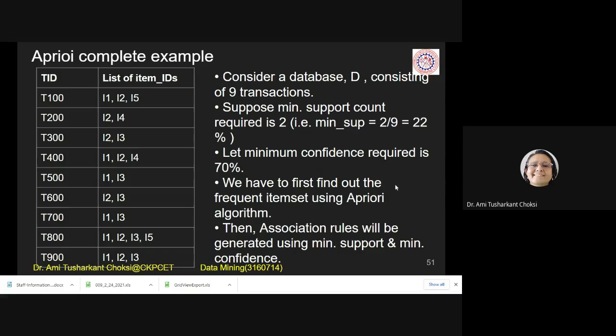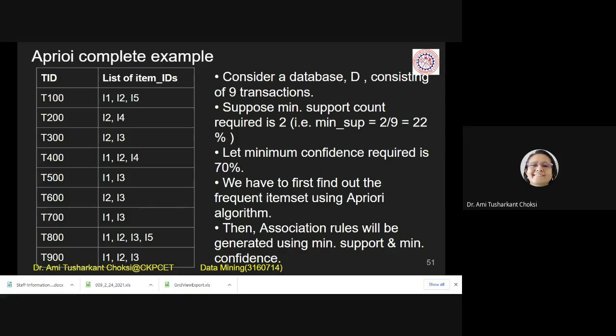now let us have the same problem and let us calculate all the things. Fine, let's do that. Apriori complete example. What do we mean to say? That first of all, we need to calculate the candidate set.